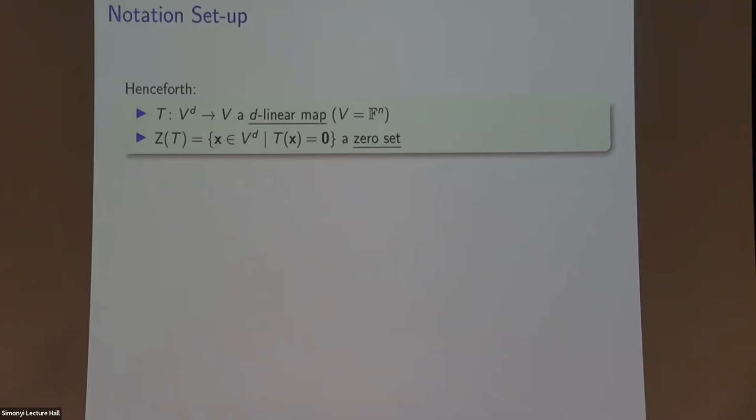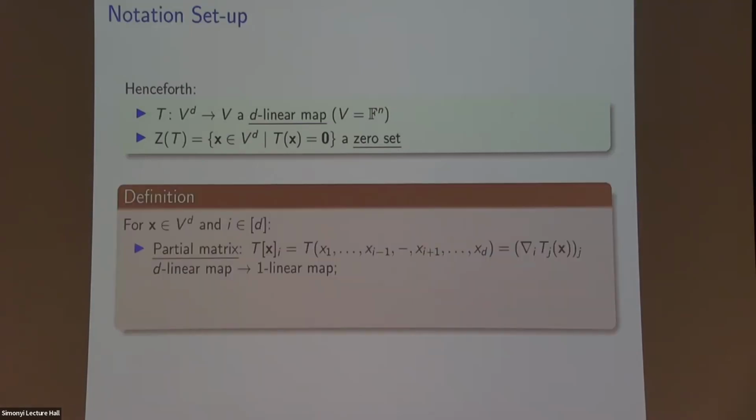Here V is a vector space over the ground field. So Z(T) is a zero set, it's not an algebraic variety. It is not happening over the algebraic closure of F. This is all happening over the base field. We never stray from that, essentially. Okay, so let me define some terminology. The partial matrix.